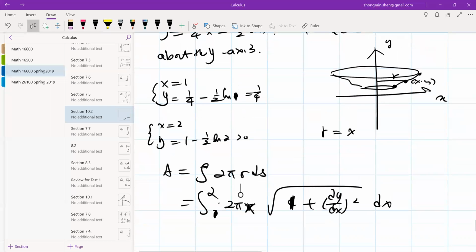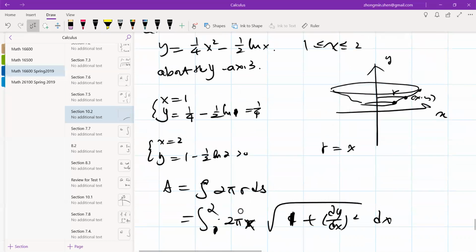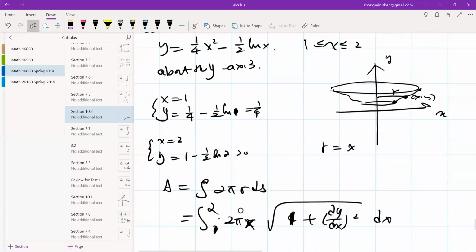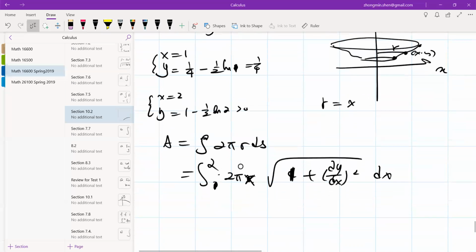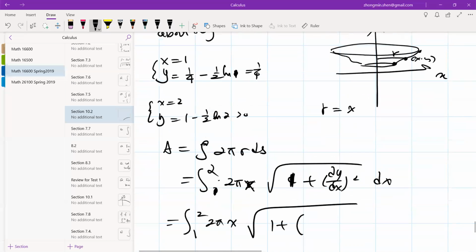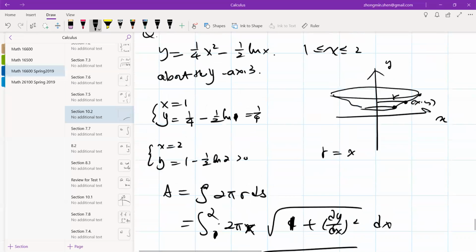It's impossible. I cannot solve for x using elementary functions. You have to create a new function and name it. All right, so now you get 1 plus the derivative of y with respect to x, which will be x over 2 minus, I think this is going to be, yeah, half of.